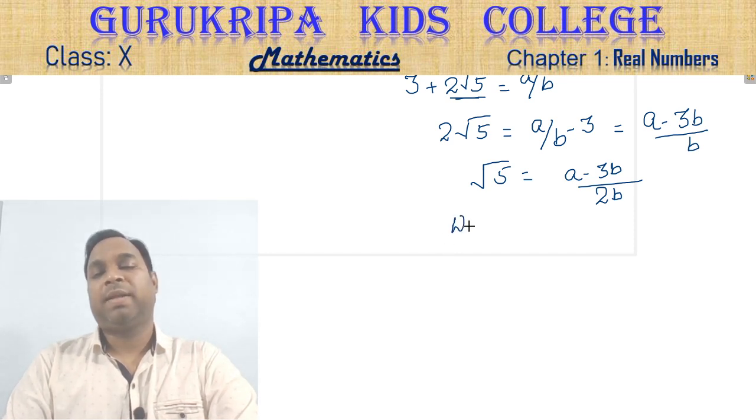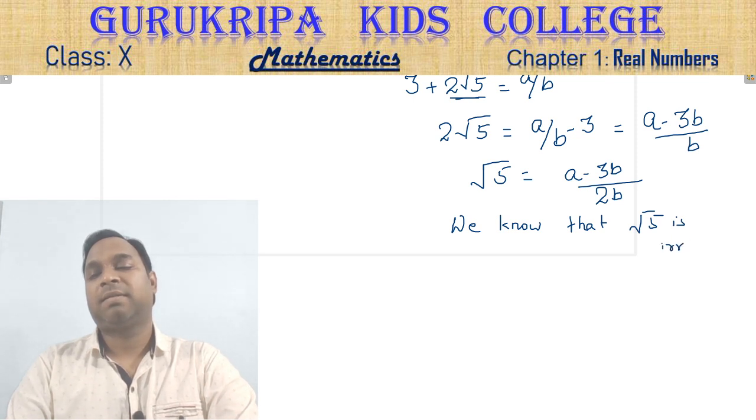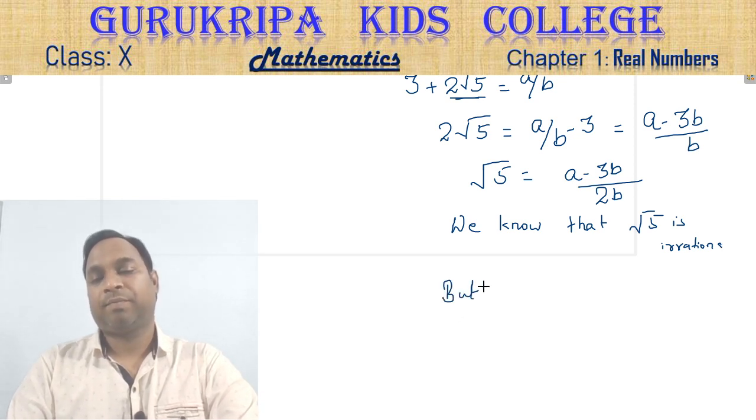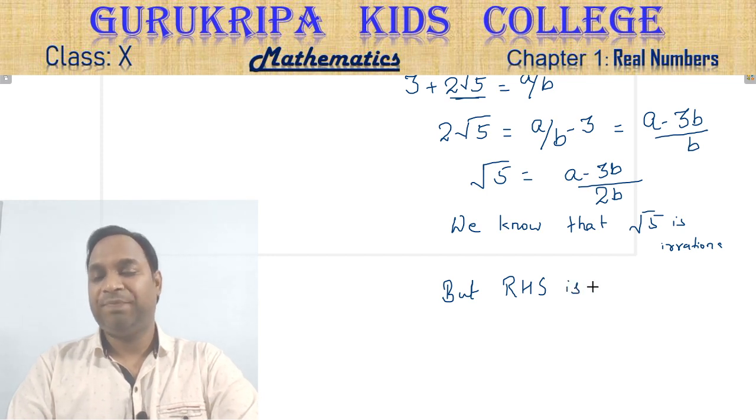Now we already know that square root 5 is irrational, but RHS is rational.